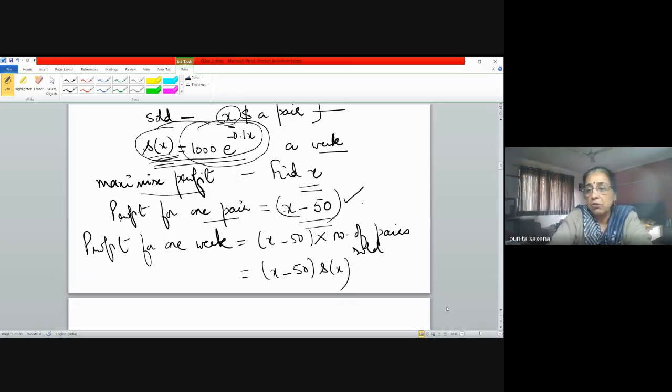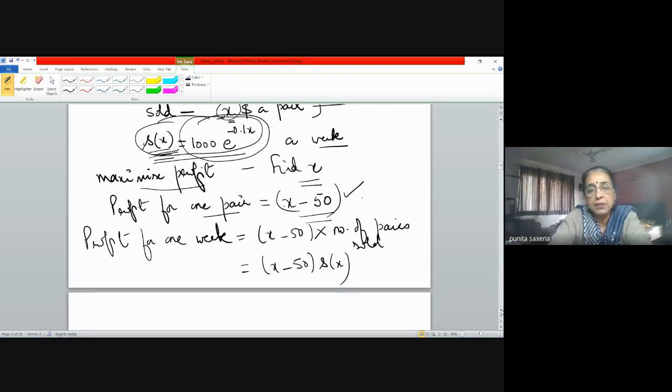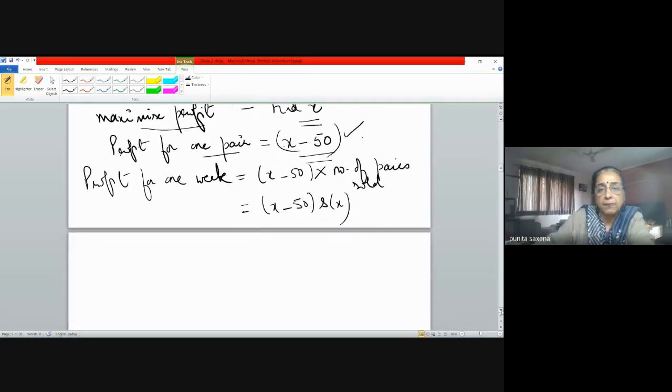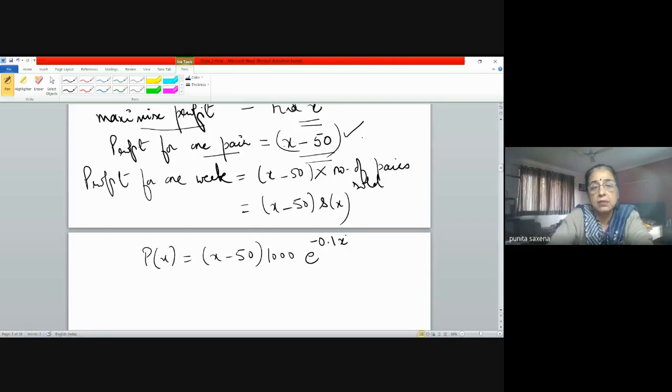So basically your profit function for this particular problem, your px is actually nothing but x minus 50 into function क्या था हमारा? 1000 into e to the power minus 0.1x. Now this is your profit function. Okay. So now हमें maximize किसको करना था?